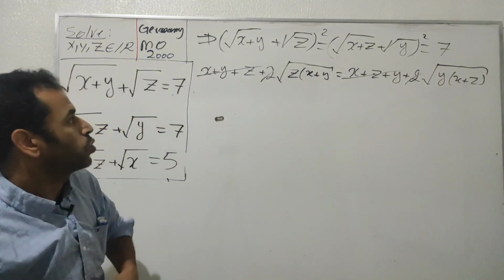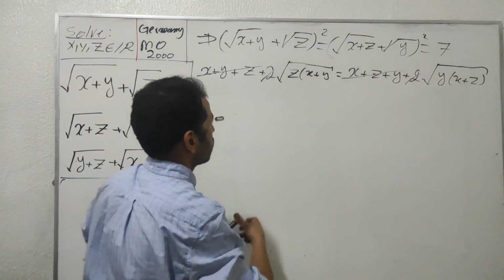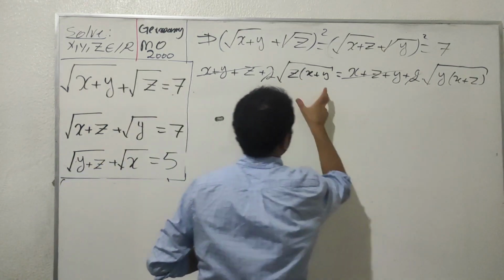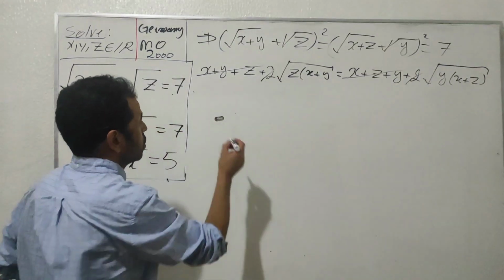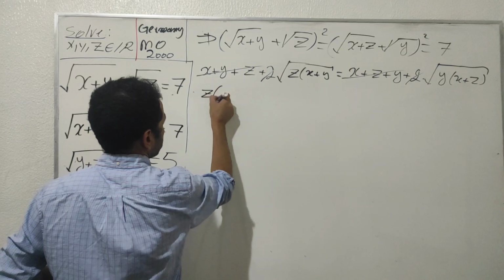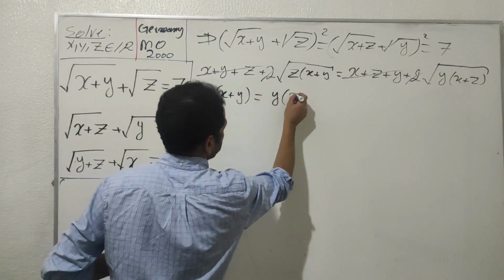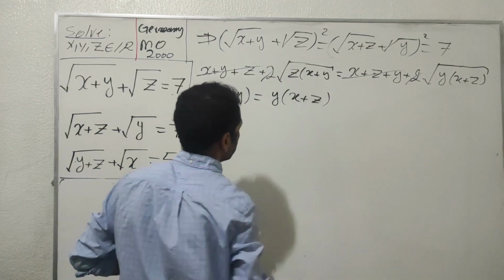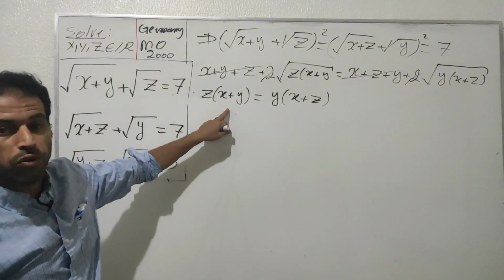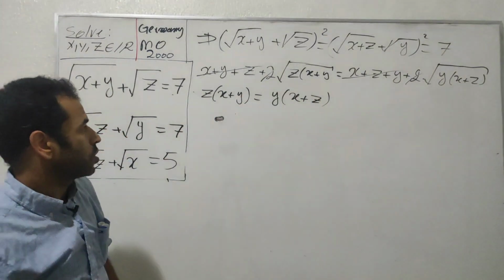Then I'm going to square both sides. If I square this one and this one, I get rid of the square root, so I get z multiplied by x plus y equals y multiplied by x plus z. Moreover, I'm going to expand this to see what it gives us.